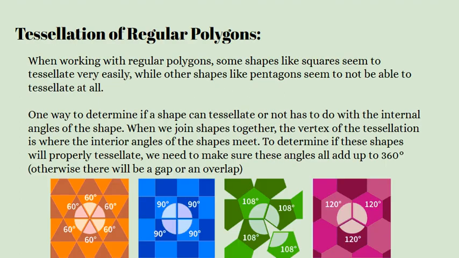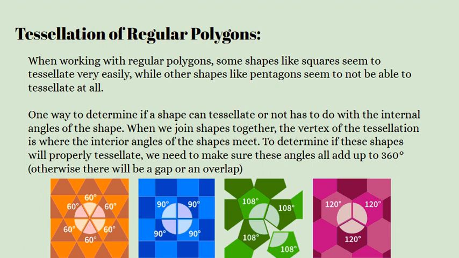Okay, so here, one of the things hopefully that you're starting to see is that shapes will tessellate based on their interior angles. So when we join shapes together, the vertices need to meet up at a point, and the angle around that point always has to equal 360.